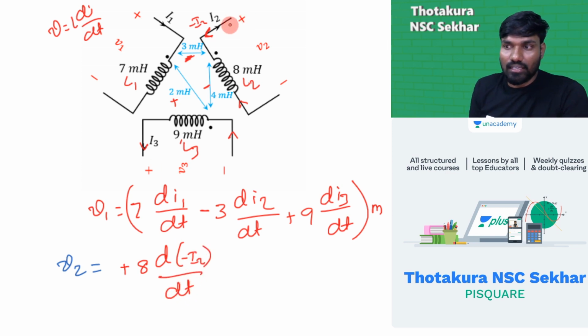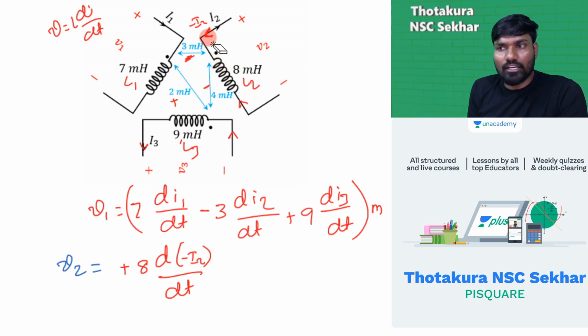So be careful. Current entering is positive. I should take current in this direction by default, but I2 has been given this way, so for the reverse one, this is minus I2. That's why I'm using minus I2. Okay, now V2, minus I2, this is fine.